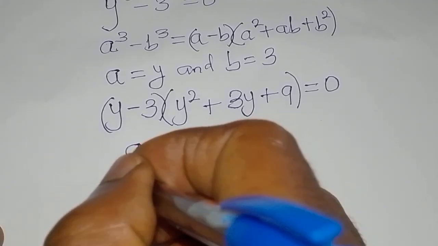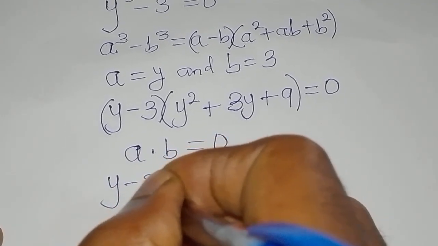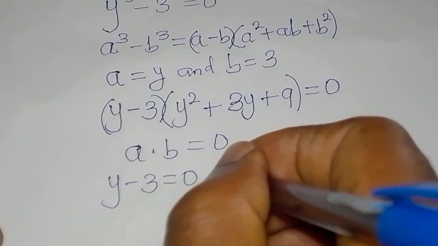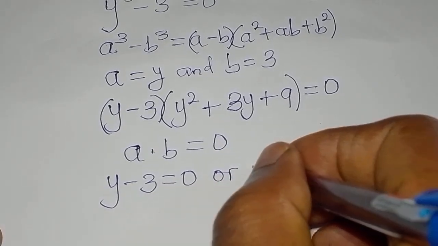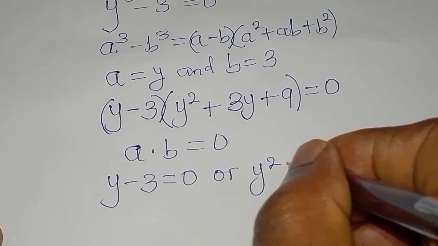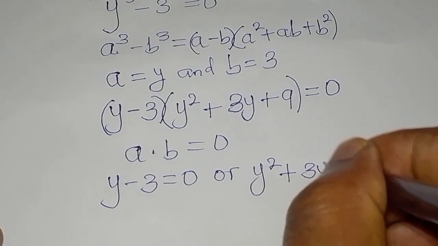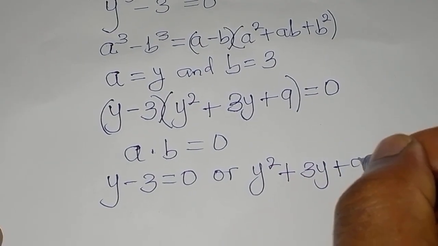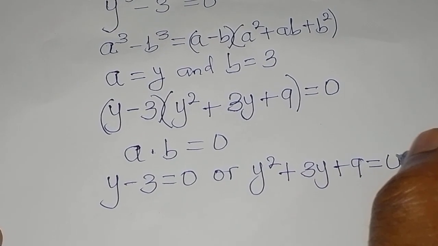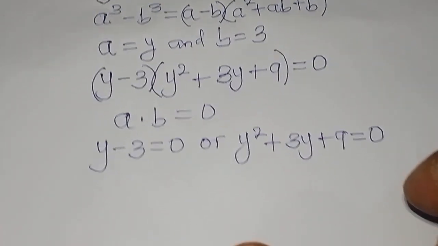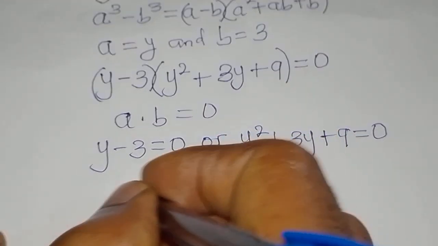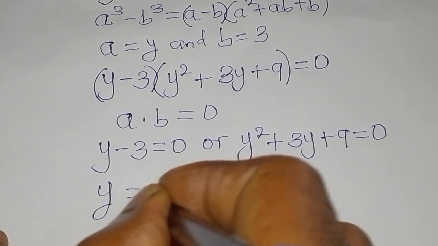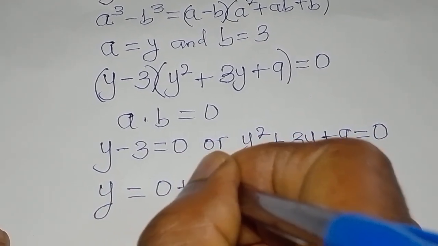We will now have y minus 3 equal to 0, or y squared plus 3y plus 9 equal to 0. So from the linear part, we know that y is equal to 0 plus 3.